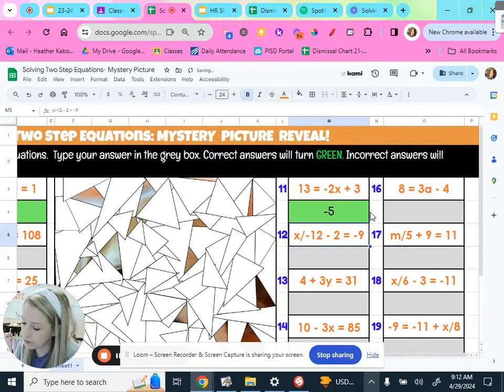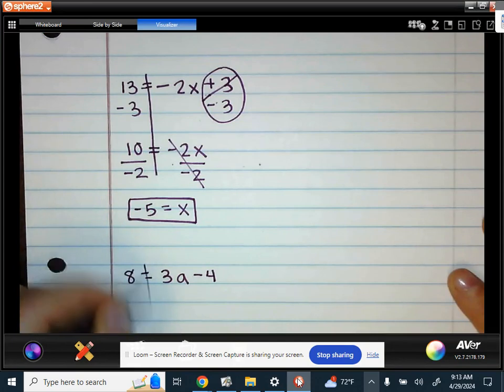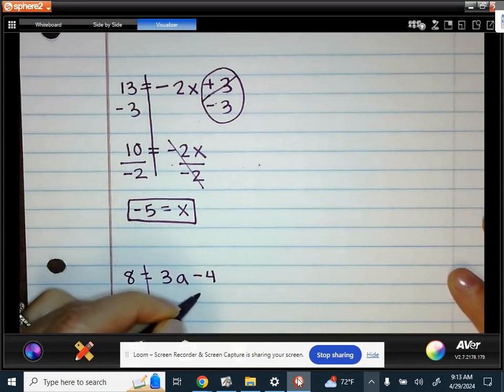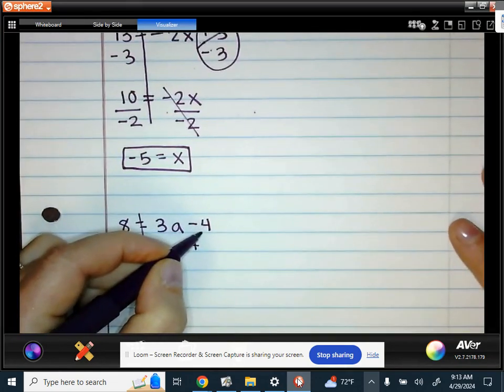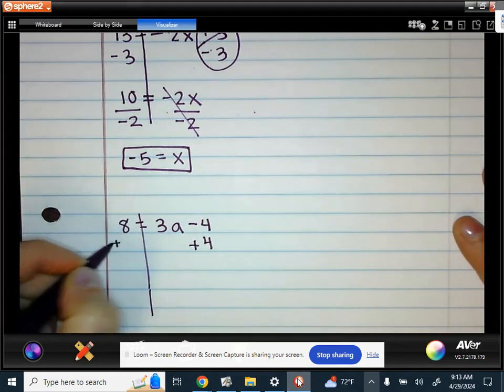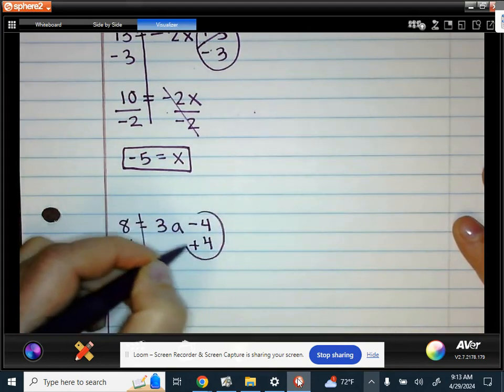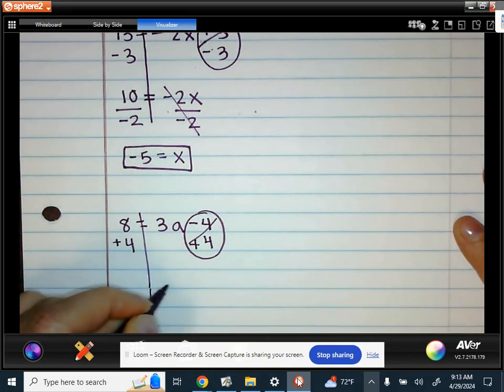And then the last one we're going to do also has the variable on the right-hand side. So 8 equals 3a minus 4. Draw your line down. Get rid of the subtraction first by doing +4 on both sides. Always adding and subtracting first.